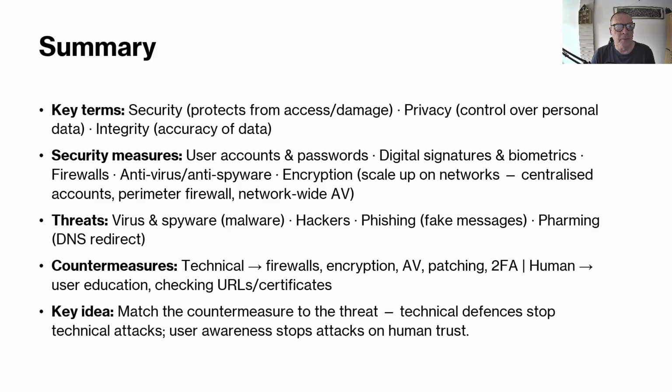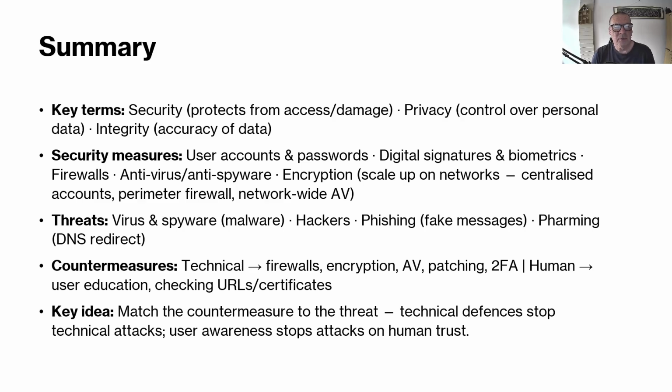Okay, so in summary, some of the key terms we've looked at are security, privacy, and integrity. Some of the measures we've looked at were having user accounts and passwords, using biometrics, firewalls, antivirus and anti-spyware software, using encryption, and remember the importance of how we scale up from a standalone PC to networks, and how we need to make sure that our security measures keep up with the demands of a network.